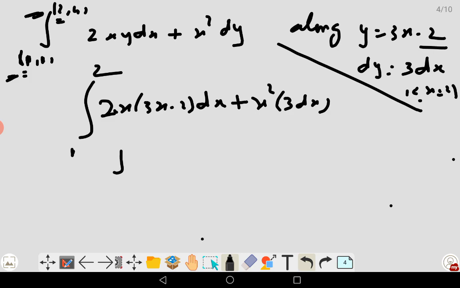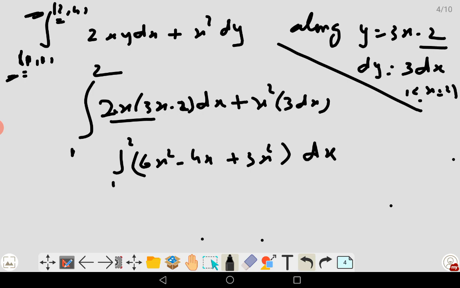This can simplify: from 1 to 2, multiply this out, 6x square minus 4x plus 3x square dx. Further, if you simplify, 9x square minus 4x dx.